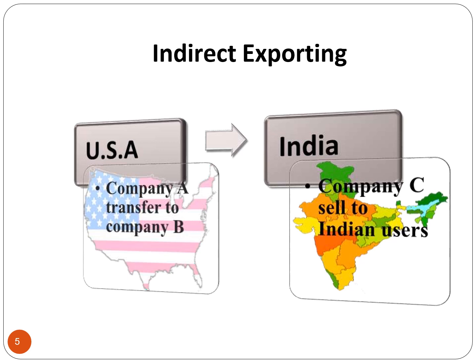Company A transfers to company B. Whatever goods company B receives, it transfers to company C, which sells to the Indian users. Here, USA is company A, India is company C, but B is the mediator. So that mediator is what makes it indirect exporting.